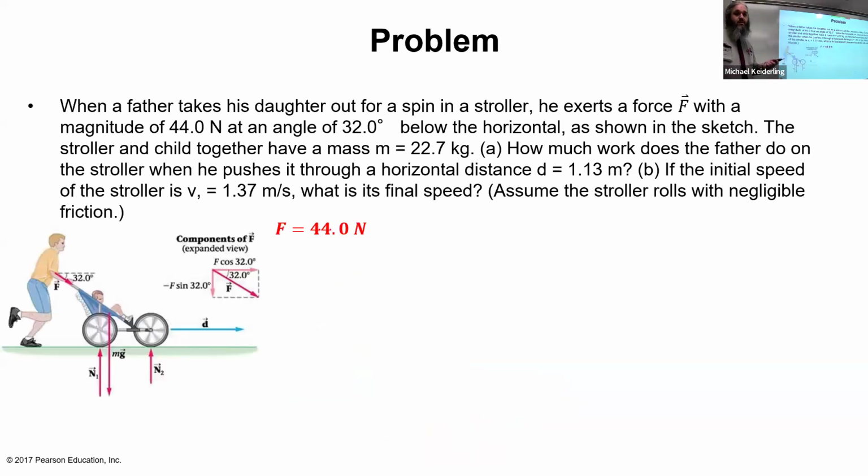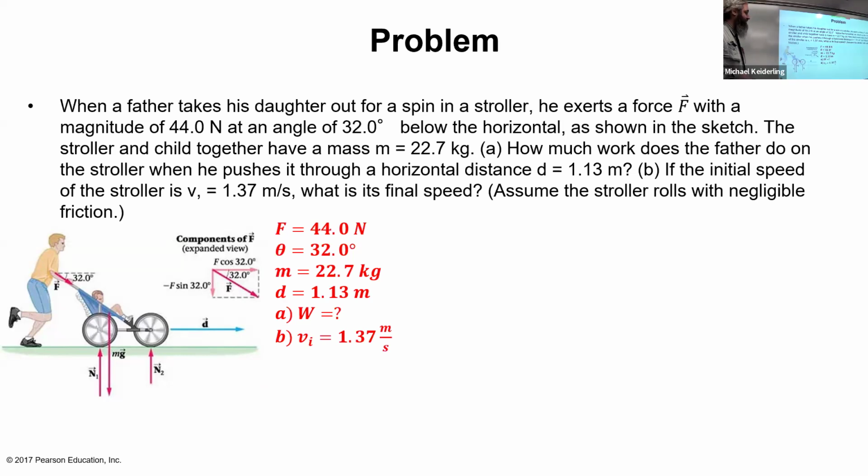So here, we know our force is 44 newtons. We know our angle is 32 degrees. Our mass is 22.7 kilograms, and the distance is 1.13 meters. First, we want to find the work done.